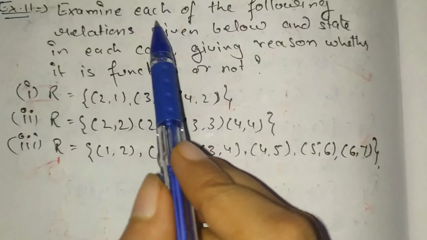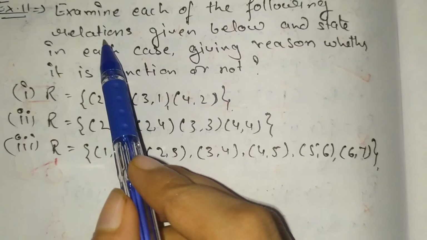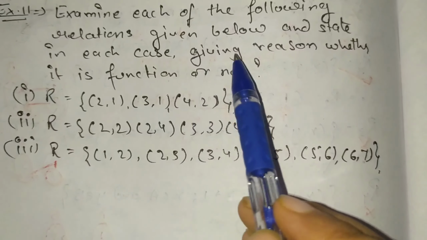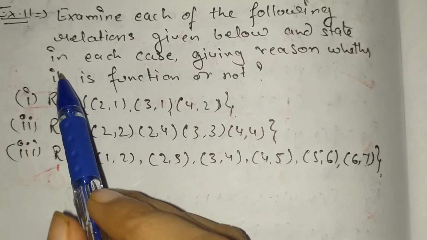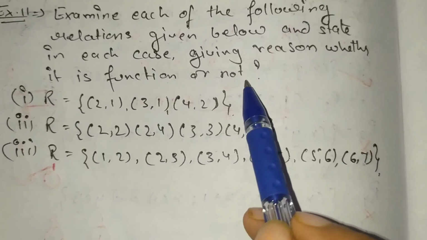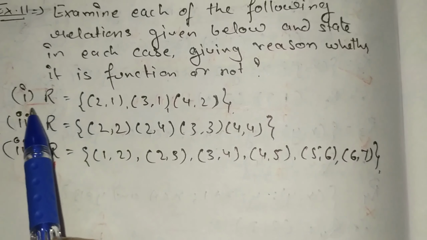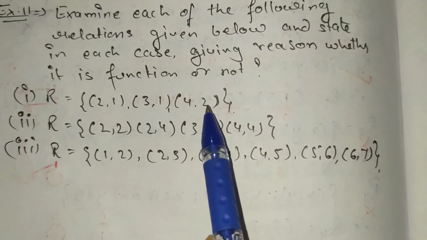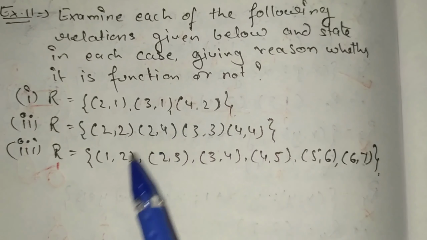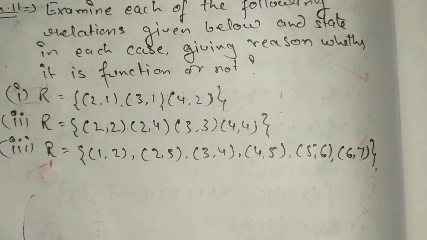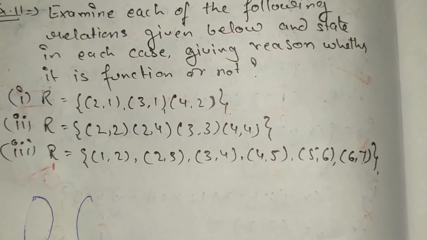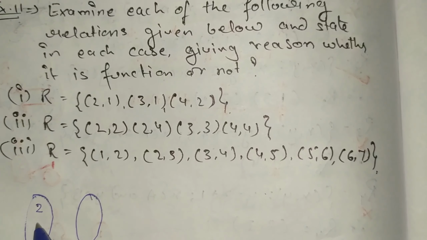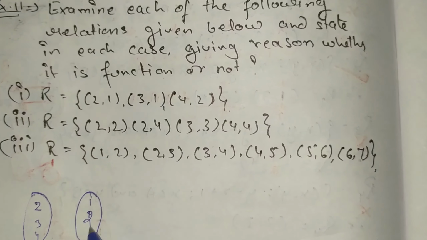Example 11. Examine each of the following relations given below and state in each case, giving reason, whether it is a function or not. Our first relation is (2, 1), (3, 1) and (4, 2). Now let's make an arrow diagram, that is 2, 3, 4 and 1, 2.